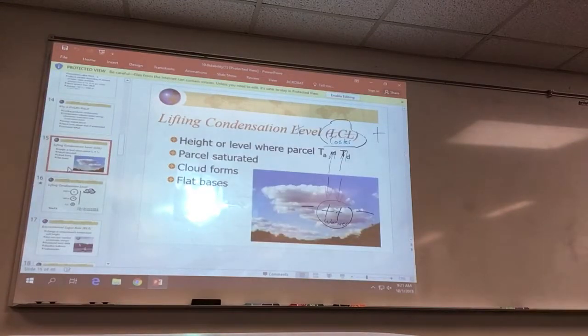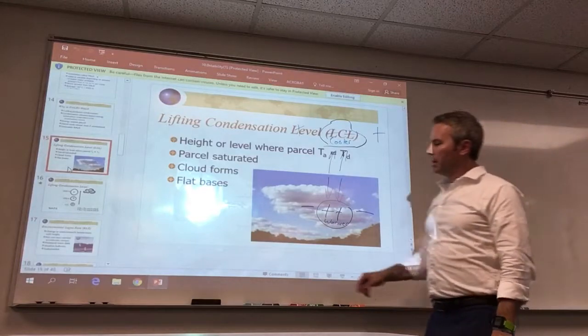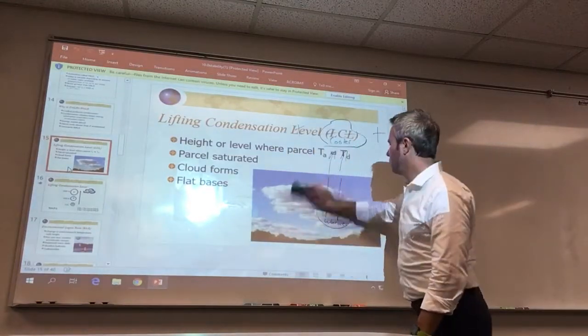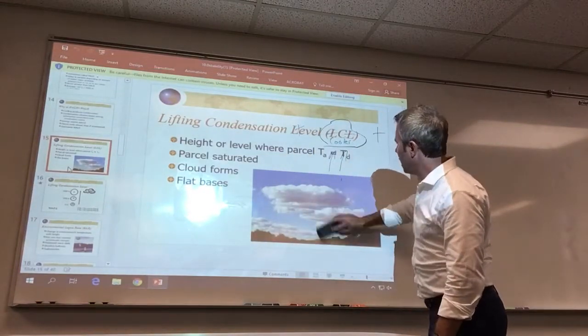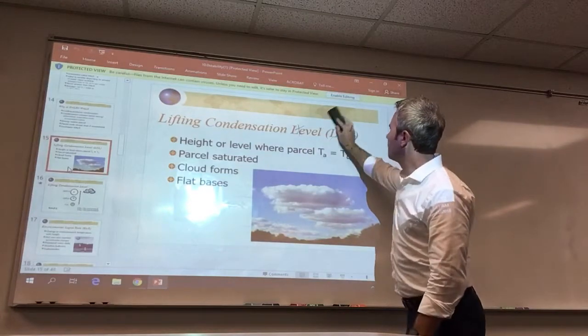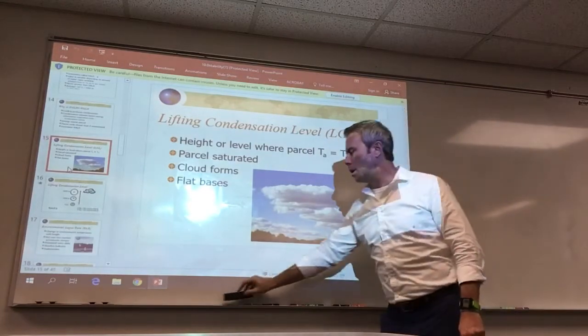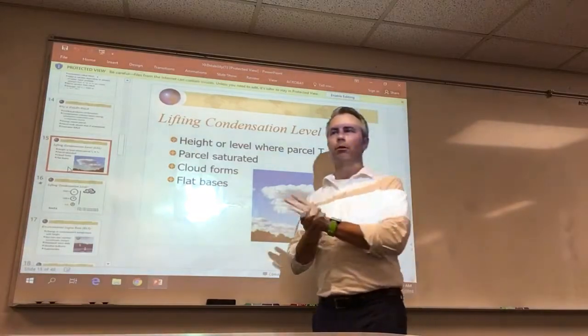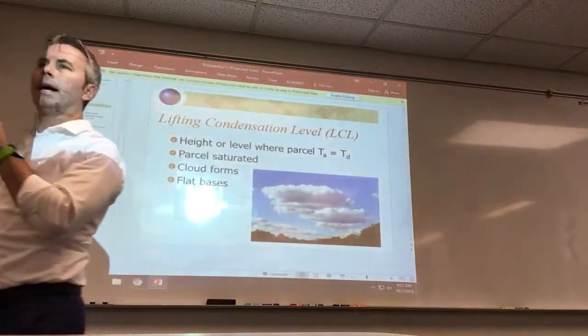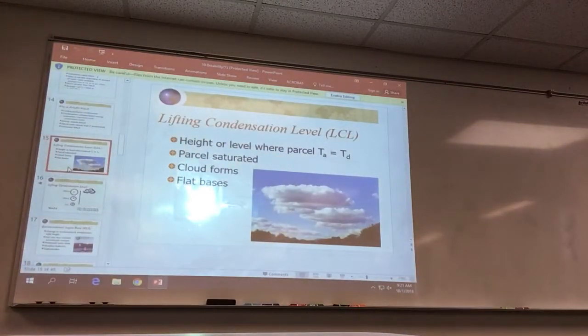So why do we care about all that? Well, because in order to figure out what kind of environment you have out there, you have to figure out what you are looking at. Are you looking at clouds? Are you looking at dry skies? Are you looking at sunshine? What are you going to see out there? And so one of the first things you have to look for is when do clouds start to build, okay?